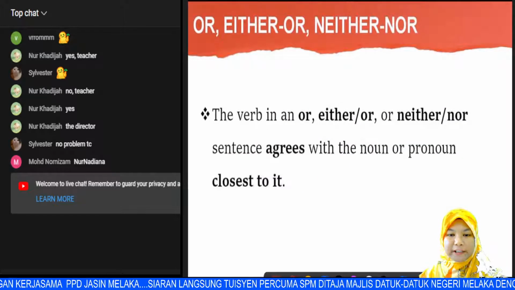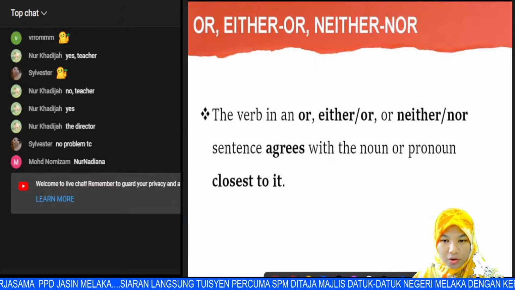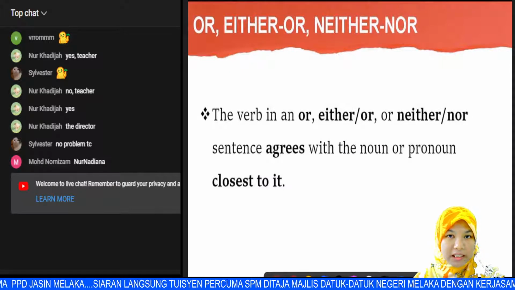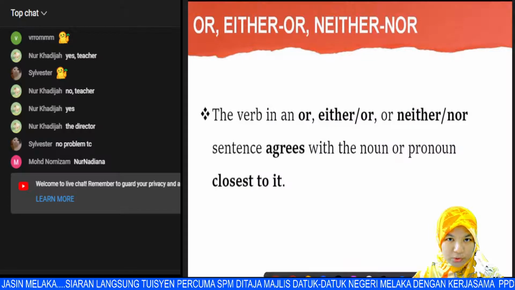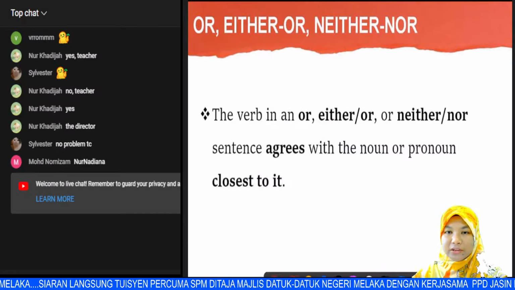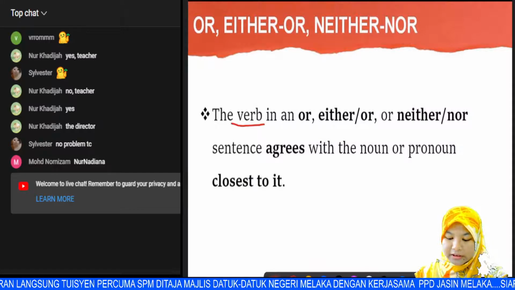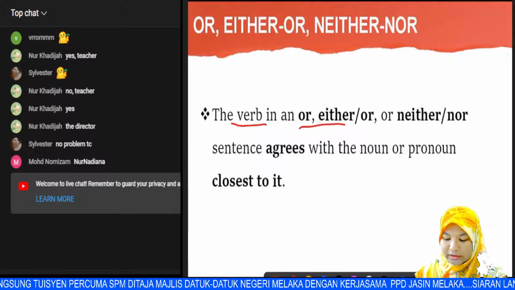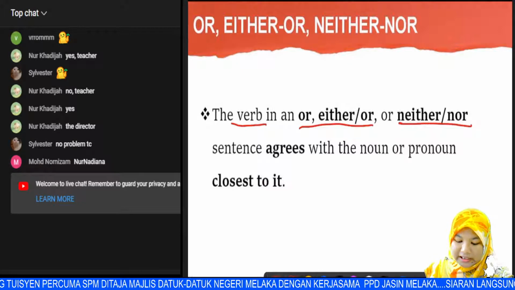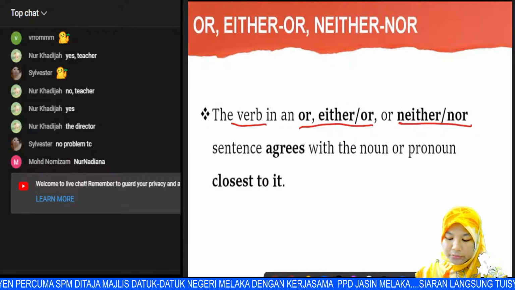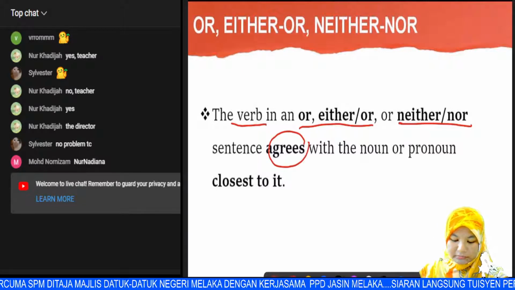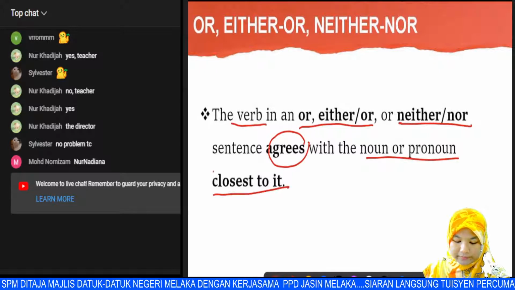Just now it focused on the two singular subjects. Now it focuses on the verb. The verb in "or", "either...or", "neither...nor" agrees with the noun or pronoun closest to it.